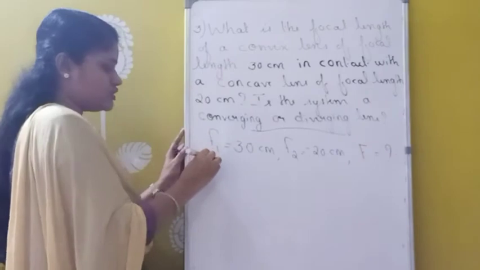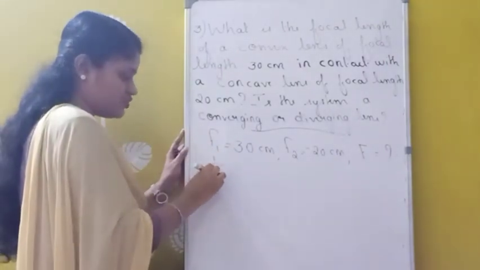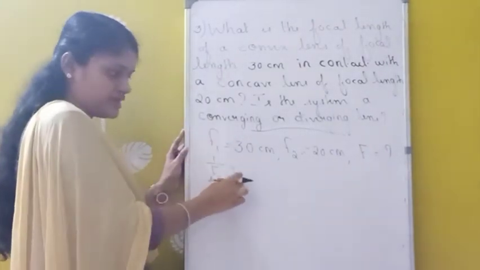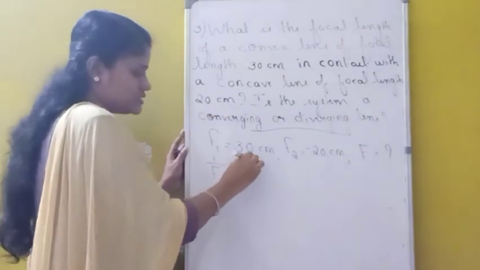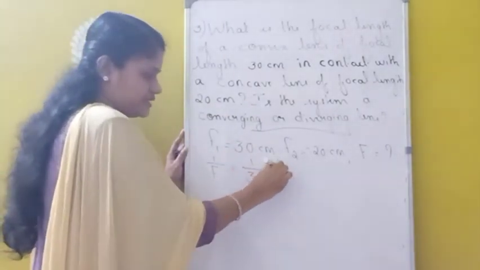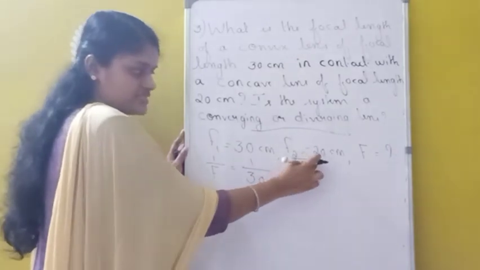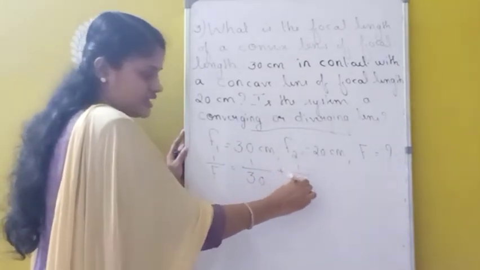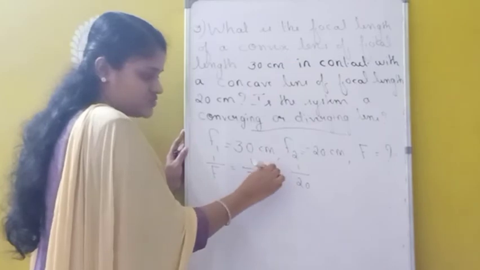We know the formula: 1 by combination focal length is equivalent to 1 by F1 plus 1 by F2. So that is 1 by 30 plus 1 by F2. What is F2 here? Minus 20. So with this minus, instead of plus it will come as minus.